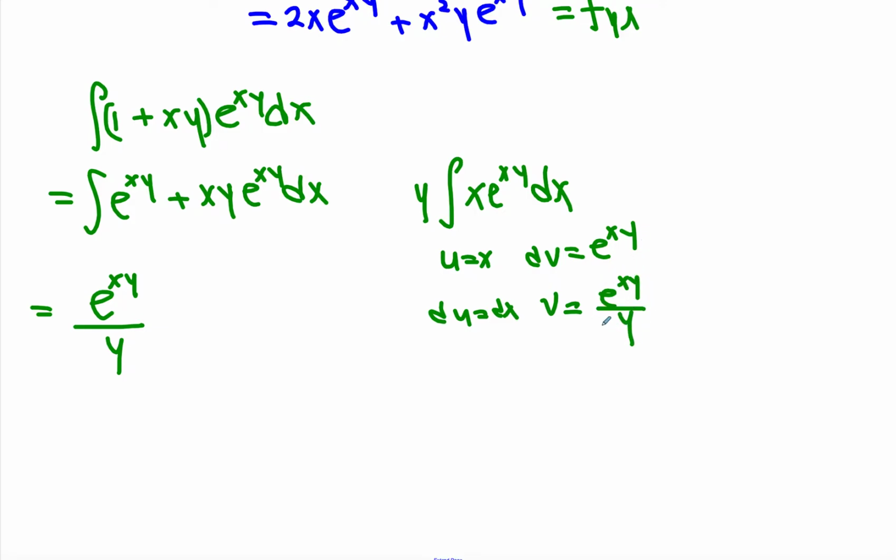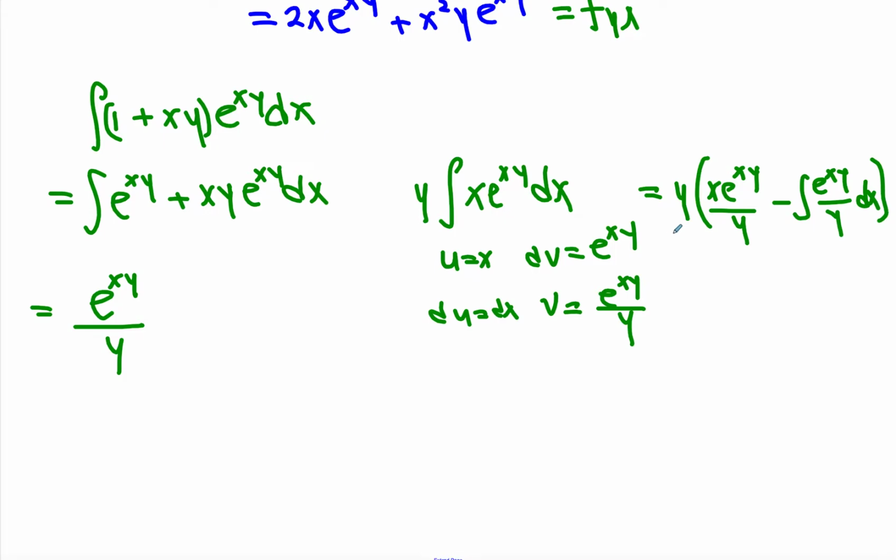So what I end up getting is these two things multiplied together: x e to the xy over y, and then minus the integral of e to the xy over y dx.